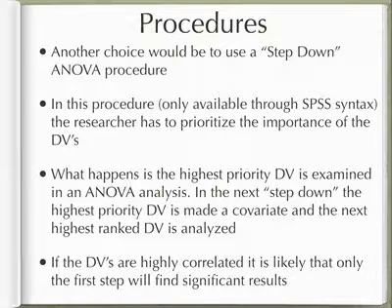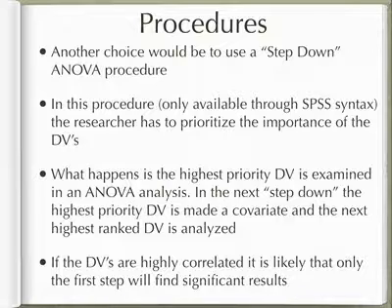But this would require that you prioritize those and maybe take the one that you see as most important or most theoretically central, theoretically relevant. It would require that you take that variable and have it be the dependent variable.